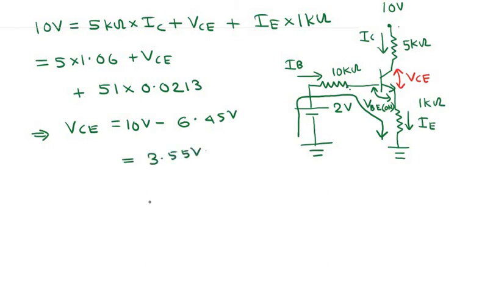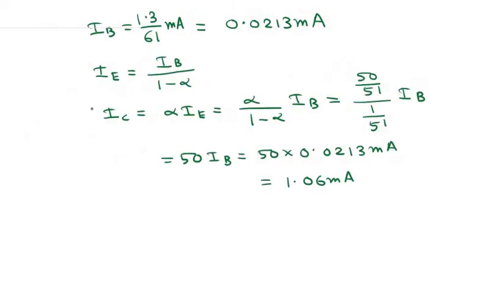This is our answer: we have found the value of VCE, and we have also found the values of IC and IB. Let us do up to here today. Thank you everyone.